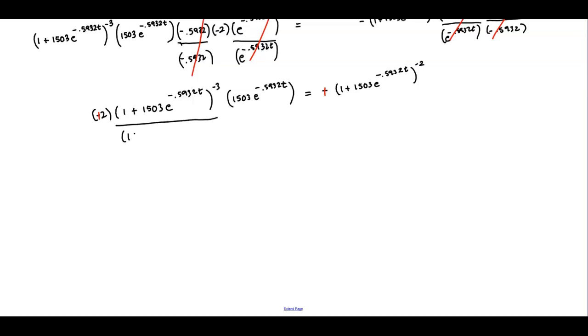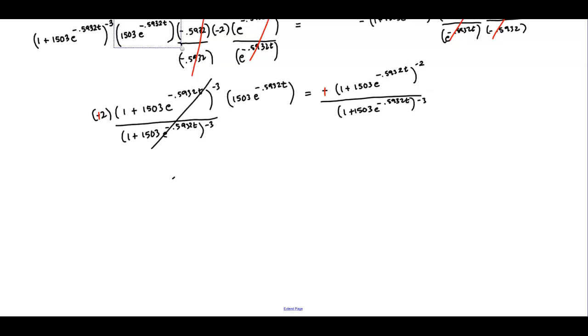So now, just to clear this up, we're going to divide both sides by (1 plus 1503 e to the negative 0.5932t) to the negative 3.